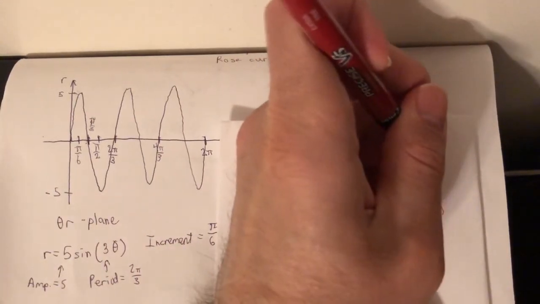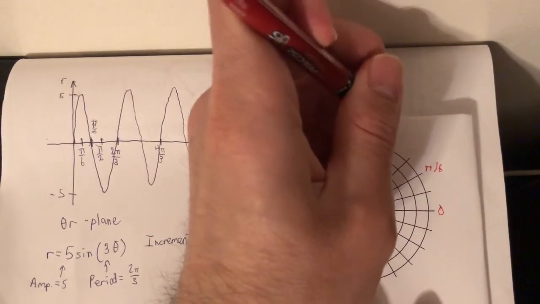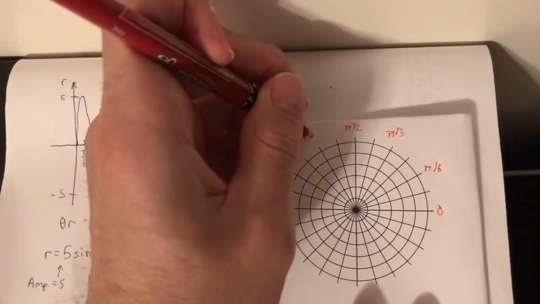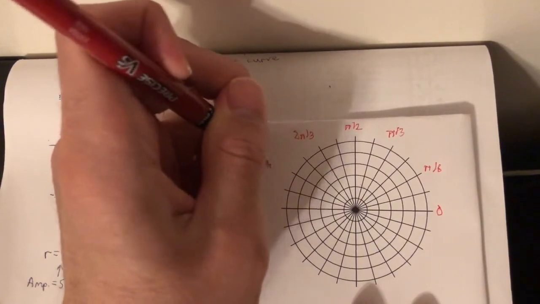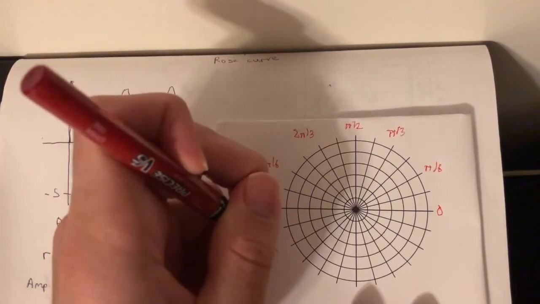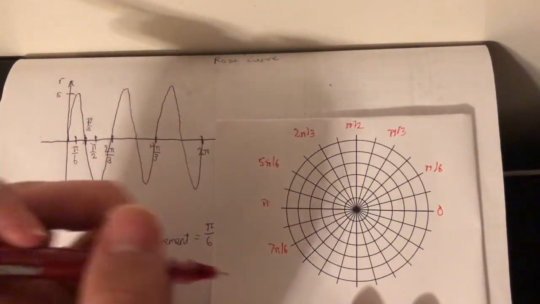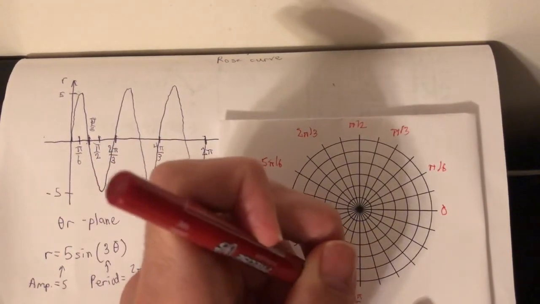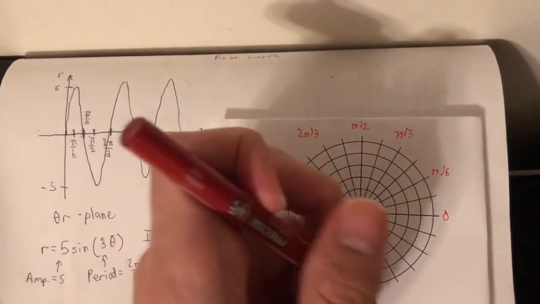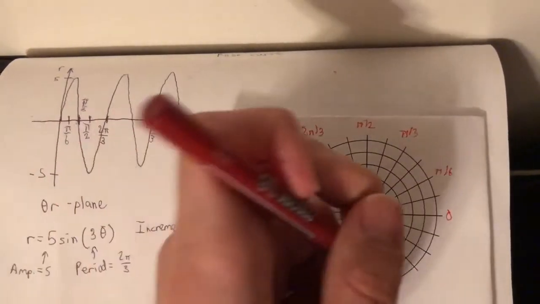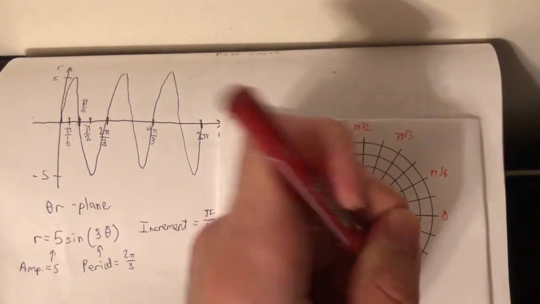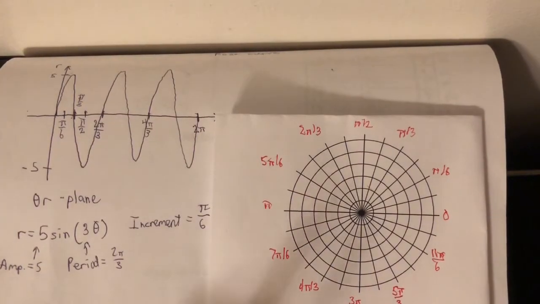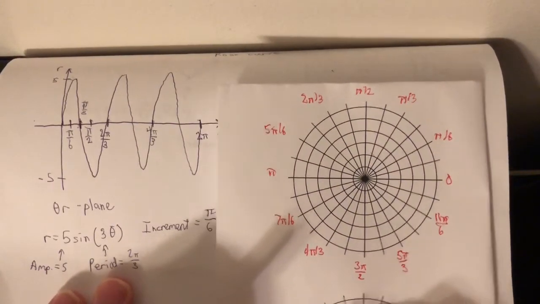So pi over 6, pi over 3, pi over 2, and 2 pi over 3, and I'm just going to keep going every pi over 6 units: 5 pi over 6, pi, 7 pi over 6, 4 pi over 3, 3 pi over 2, and 3 pi over 2 plus pi over 6 should give me 5 pi over 3, of course. And 11 pi over 6 before I get back to 2 pi, which is the same thing as 0.